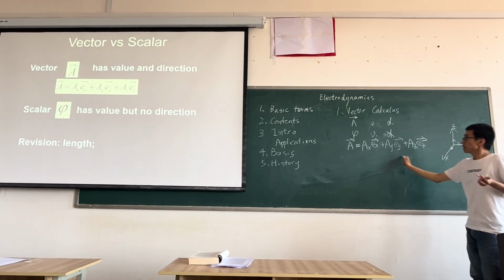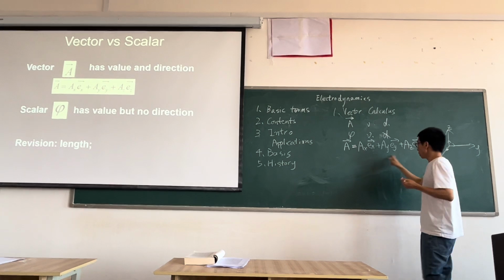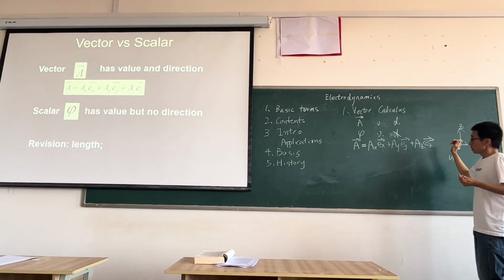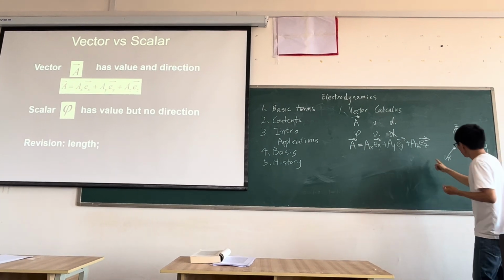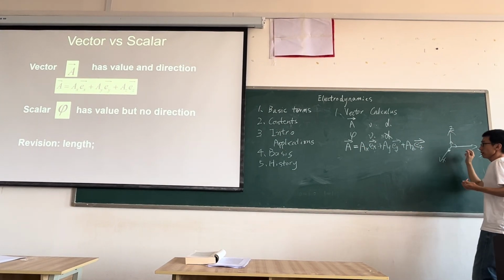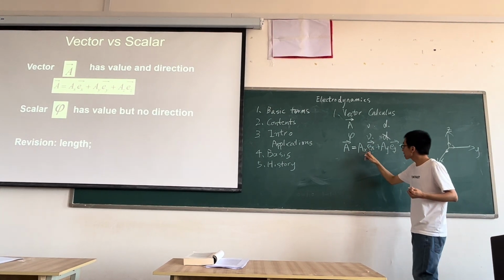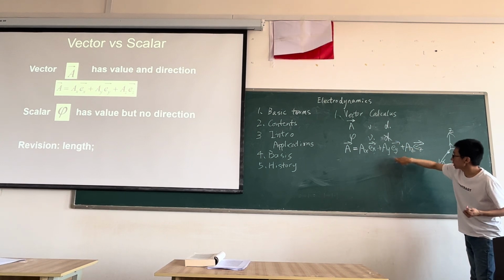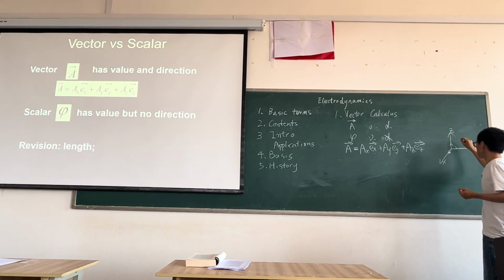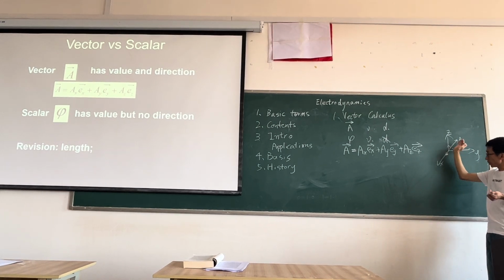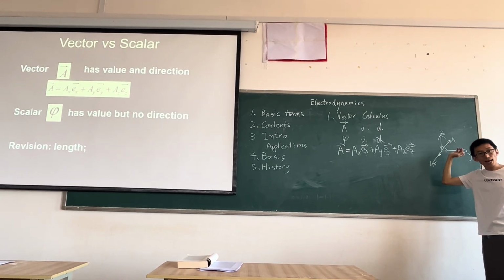This is how we show a vector using three unit vectors. Why is it good? Because in this case, we can know the X component, the Y component, and the Z component of vector A. For example, we have A here, and AX is the projection of A onto the X axis.